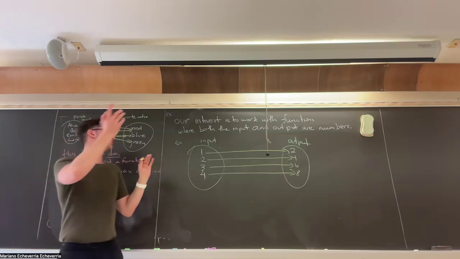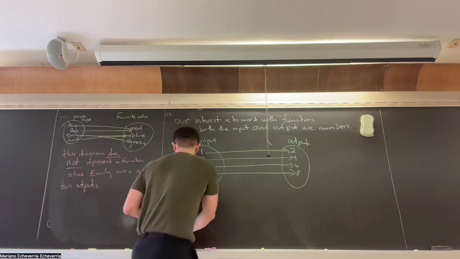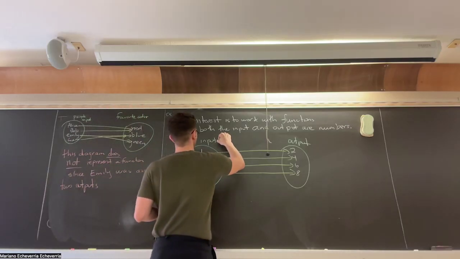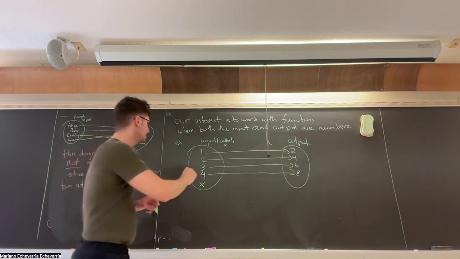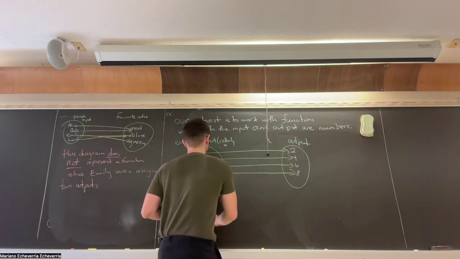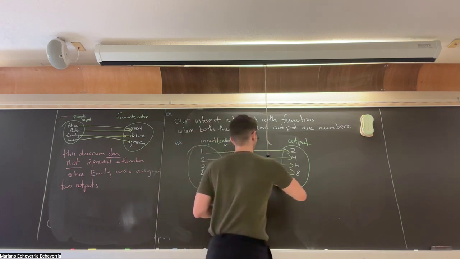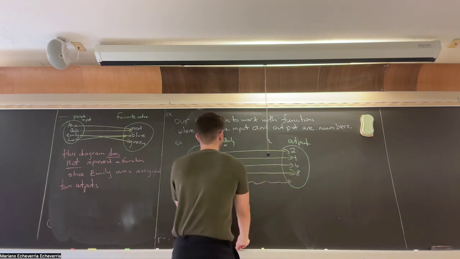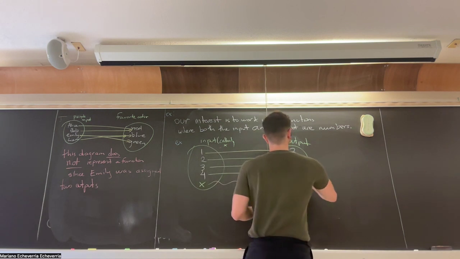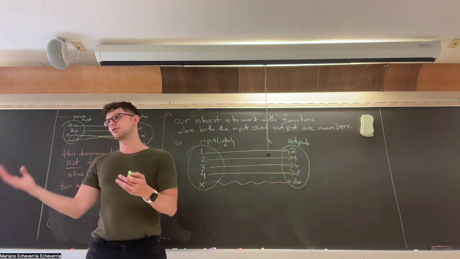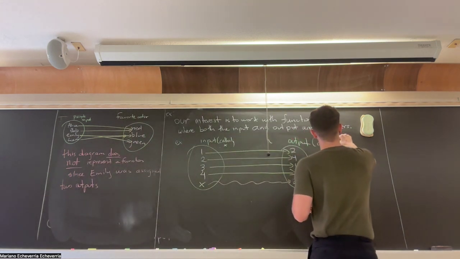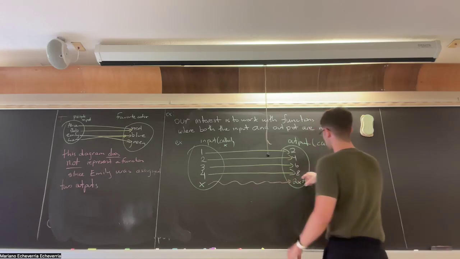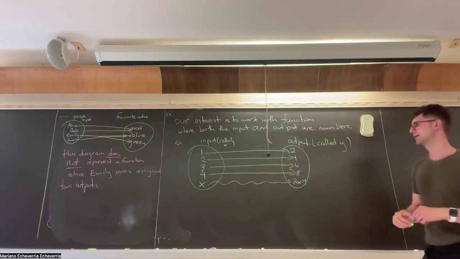So what you do is just call the input X. And the rule is telling me that I'm doubling X, so from X I'm going to 2X, right? And the value for the output is just called Y in general. So I'll put here 2X, and Y equals 2X.